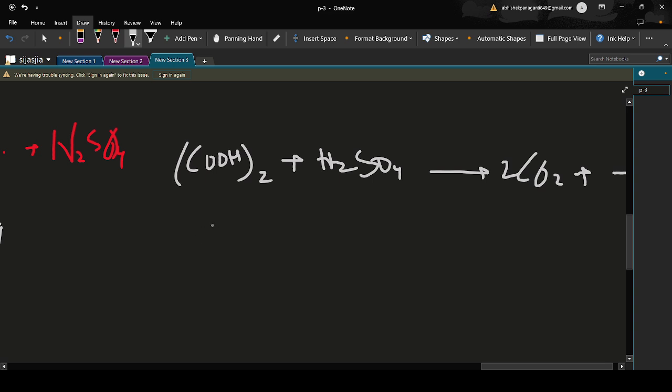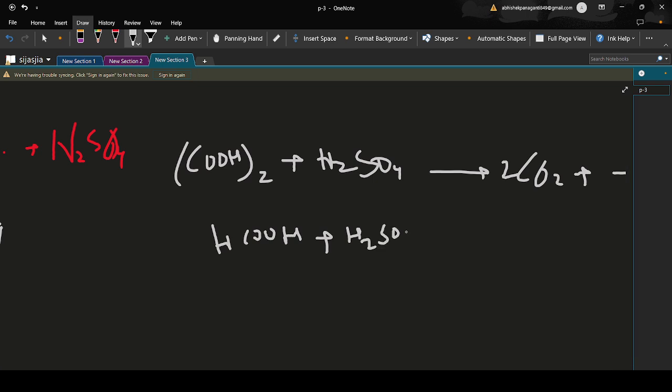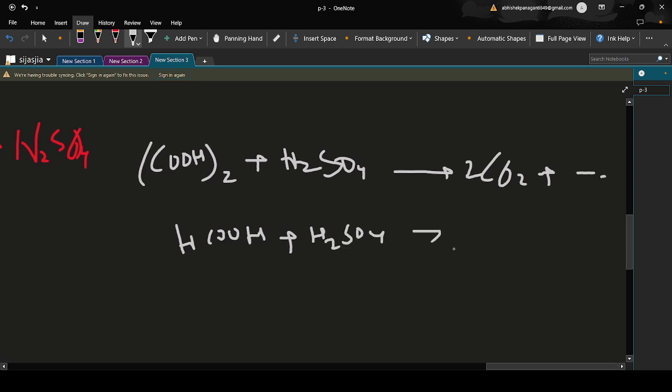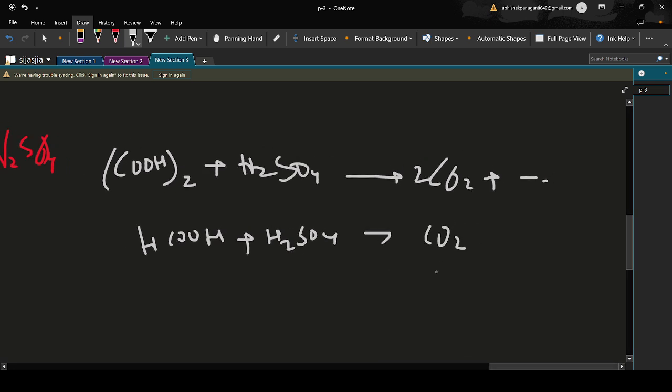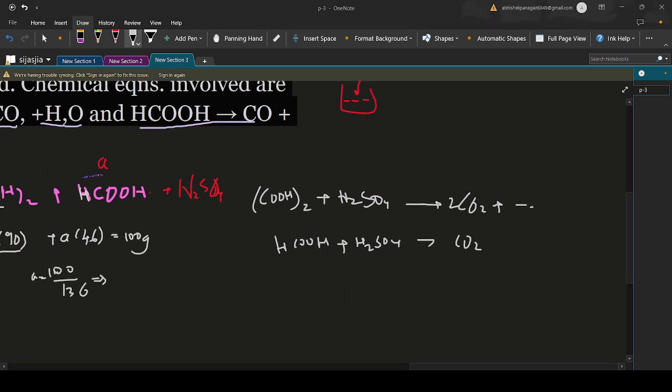And the other one is HCOOH plus H2SO4 again. This gives, let's say, CO2.